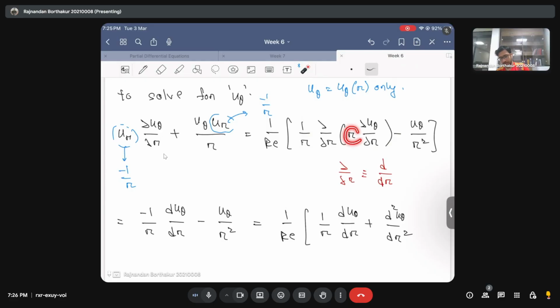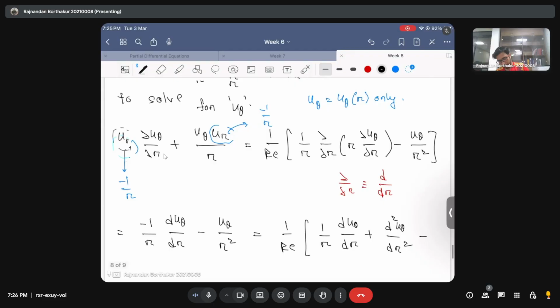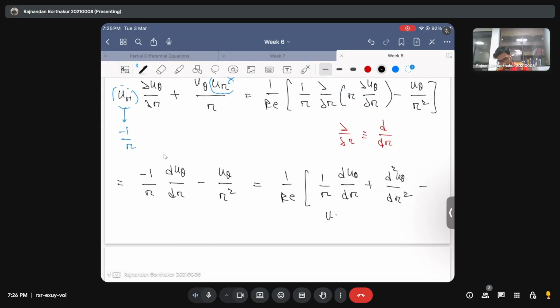So first this one will get differentiated, which means I'll have 1 by r d of u theta by dr, and then I'll leave this one as constant, and this one will get cancelled, and I'll get d2 u theta by dr2, okay? And then I have minus u theta by r squared as well, okay? So I have this u theta by r squared here. Okay, I think this is fine.